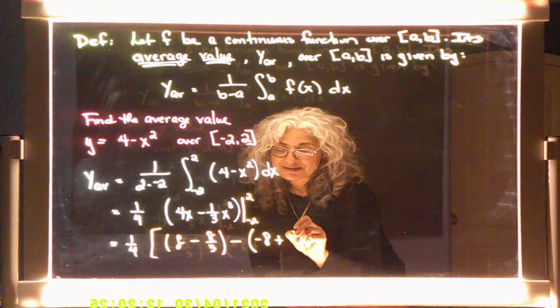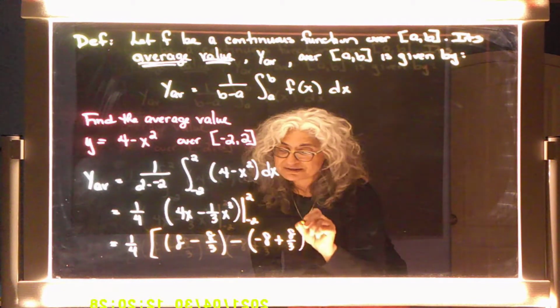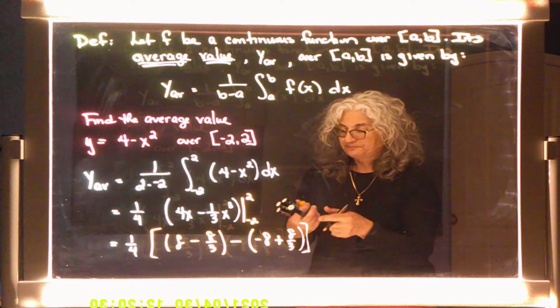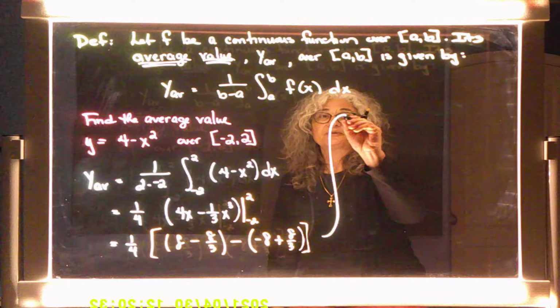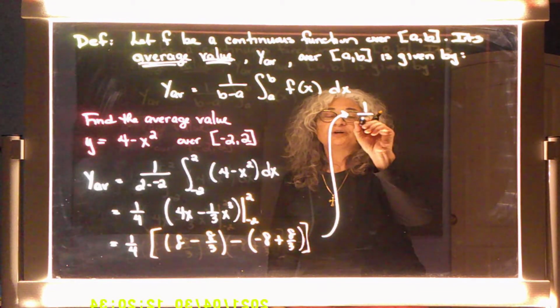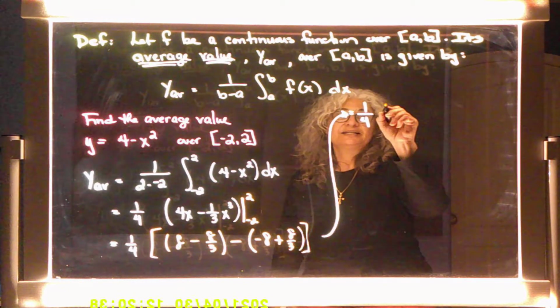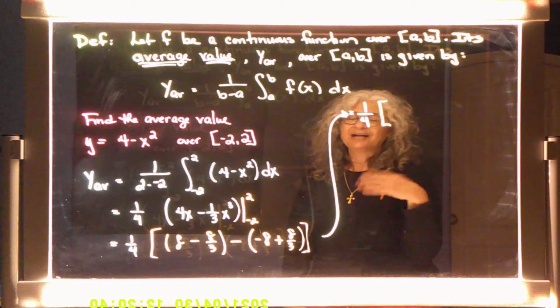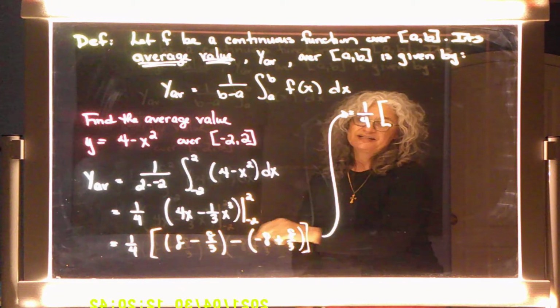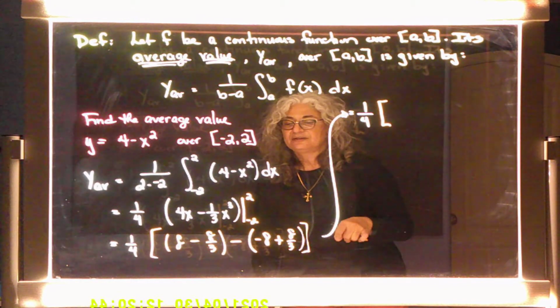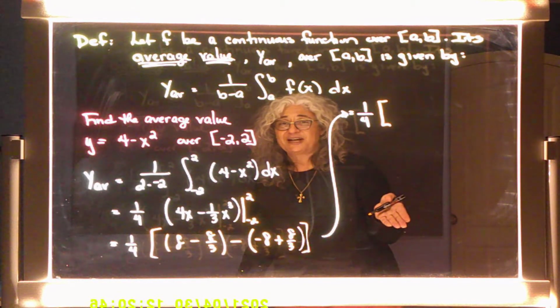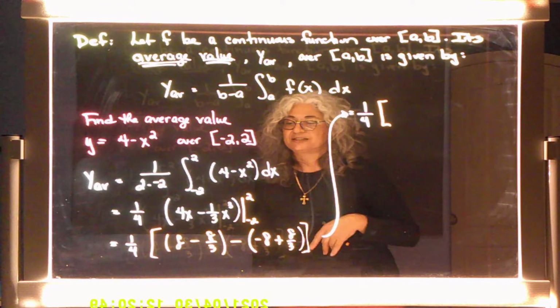Good, plus 8/3, right? Okay, so let's take our work up over here because I have more space. The 1/4 is still here, right? And in the brackets, I'm just going to distribute this minus sign. I want to see what happens. Maybe I still have to add fractions. Maybe they cancel. We'll find out.